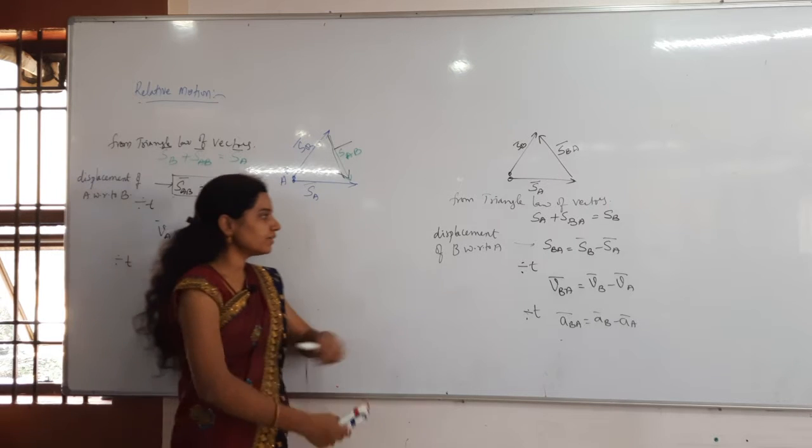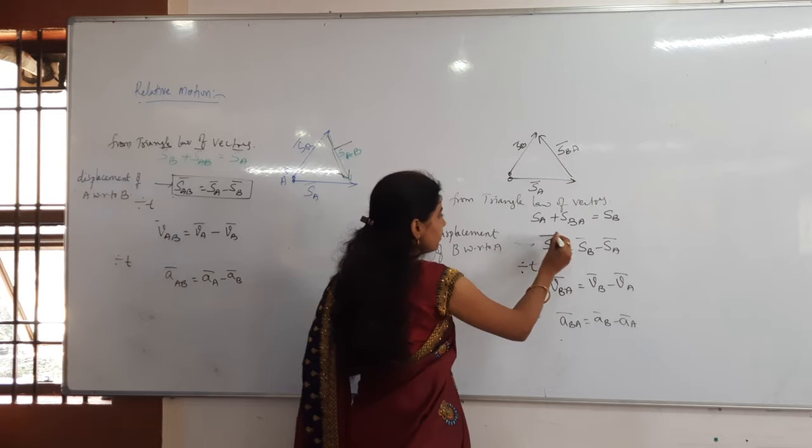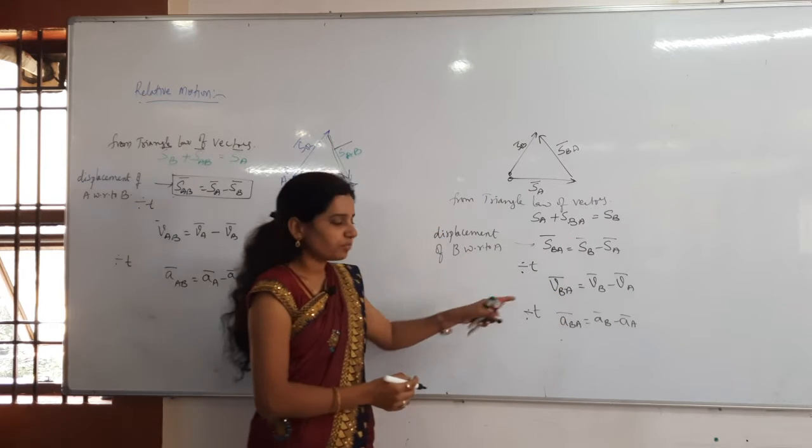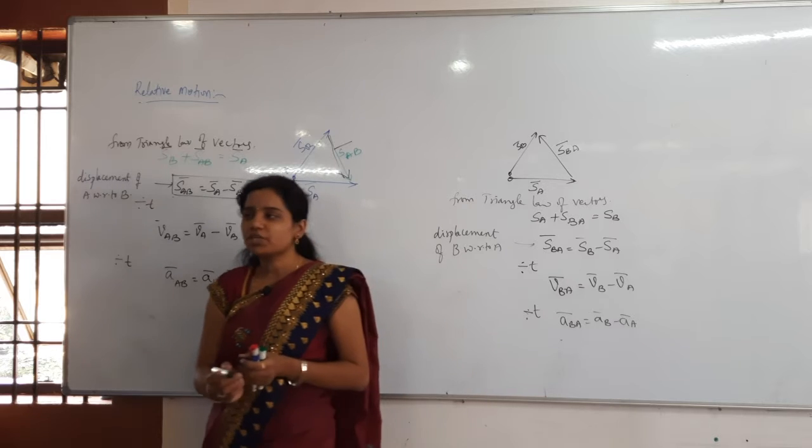What is SBA here? The displacement of B with respect to A. VBA is the velocity of B with respect to A. ABA is the acceleration of B with respect to A.